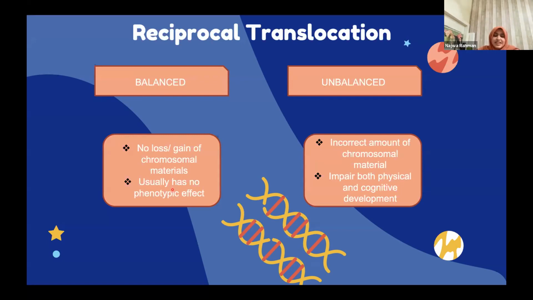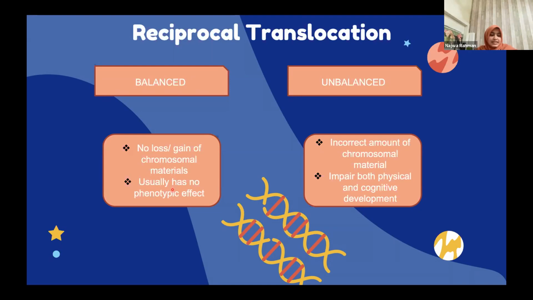The next one is unbalanced reciprocal translocation, which contains an incorrect amount of chromosomal material and often impairs both physical and cognitive development. It will lead to dysmorphic features, congenital malformations, as well as developmental delay.